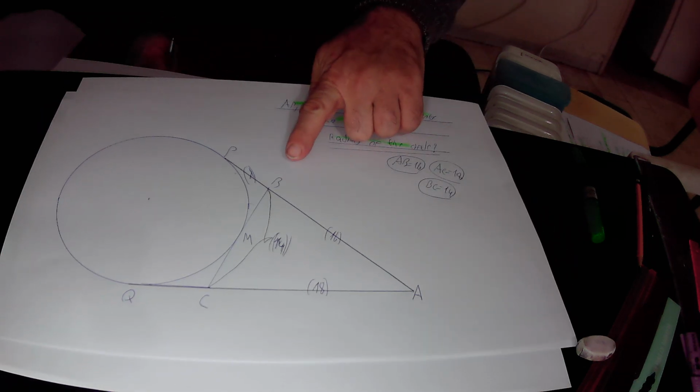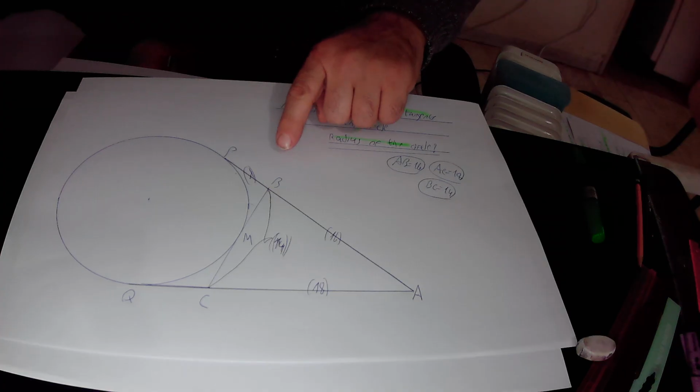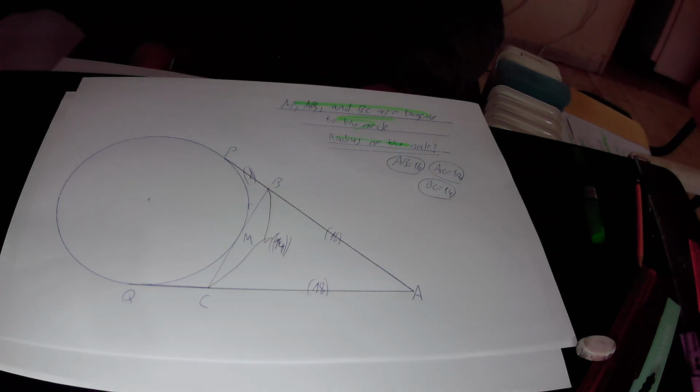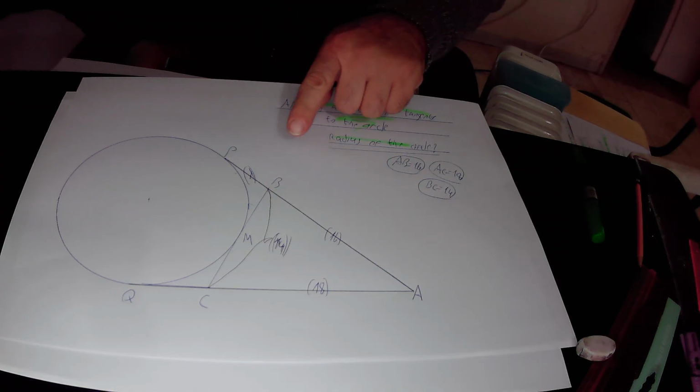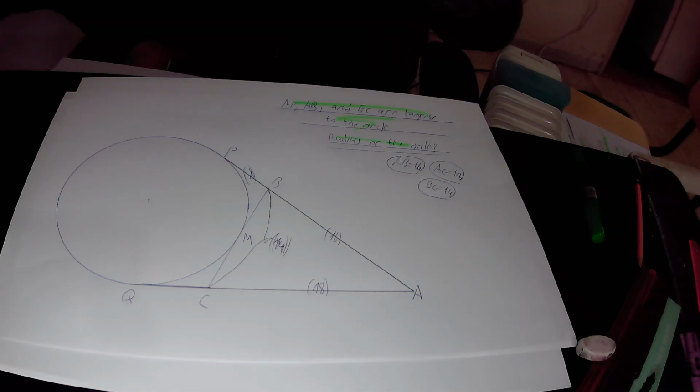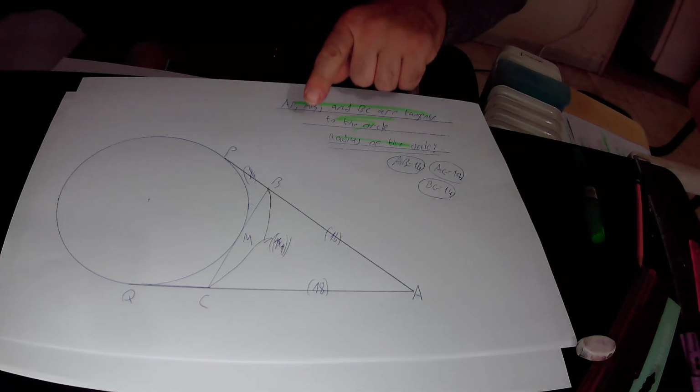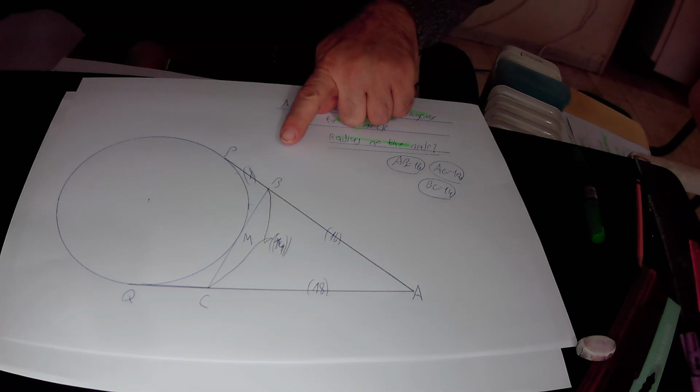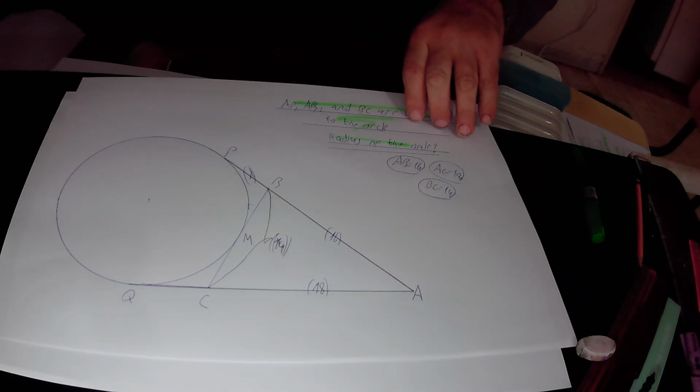From this external standpoint, point B, we have two tangents to this circle, tangent BP and tangent BM. The two are equal to each other. This is to say BP equals BM. But BP equals x, therefore BM must also be equal to x units in its length.